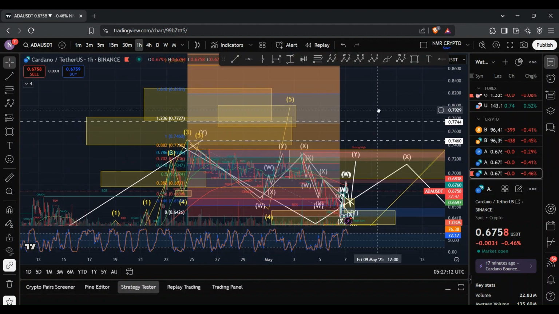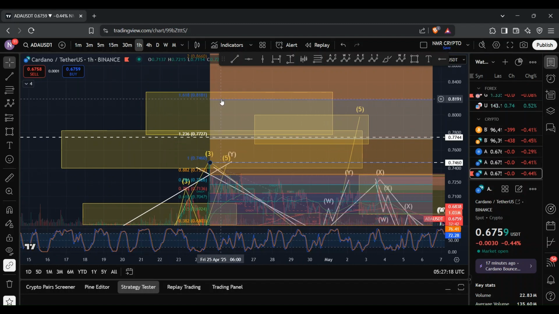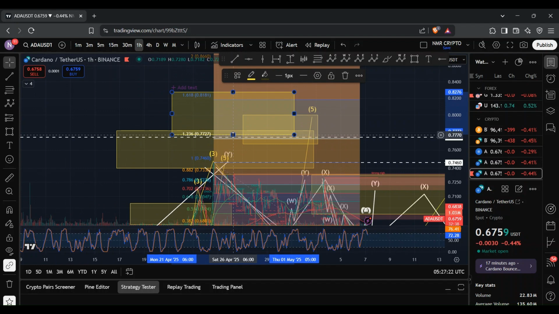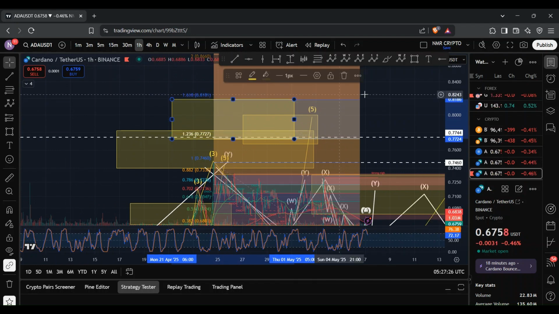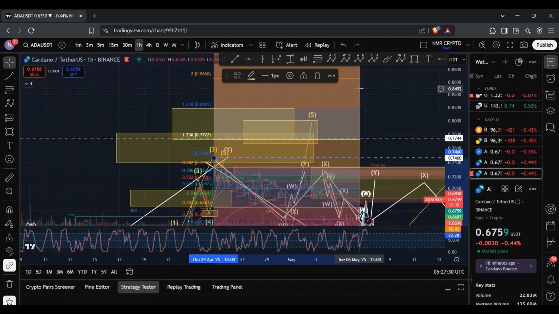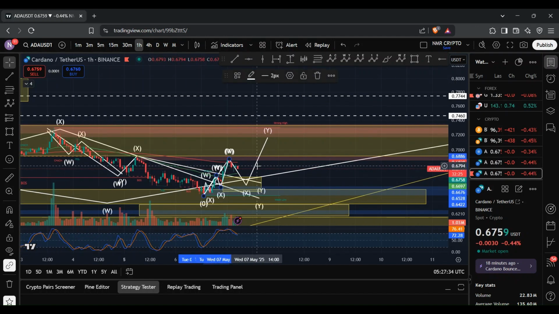And so that wave 5 target would sit between 77.27 cents to 81.81 cents. If I adjust this to here and to here. So if I remove that now and try and tidy up the chart a little bit as well.